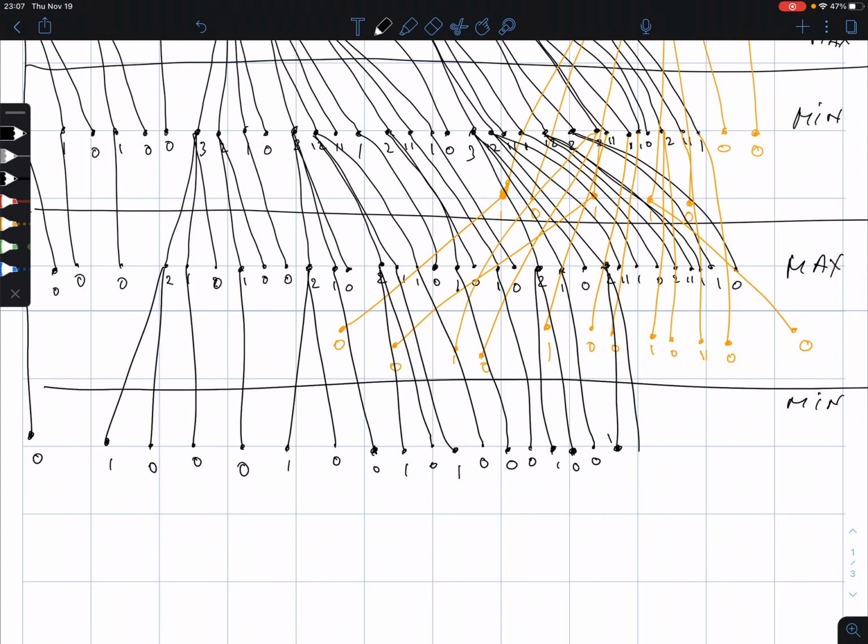I can see why the book skips one step, so to speak, because it makes it a little bit shorter. But I don't know, it confuses me, so I don't want to do it. This 2. Why are there so many 2s still there? 1 or 0. This one, that's just a 1. This one is just 0.